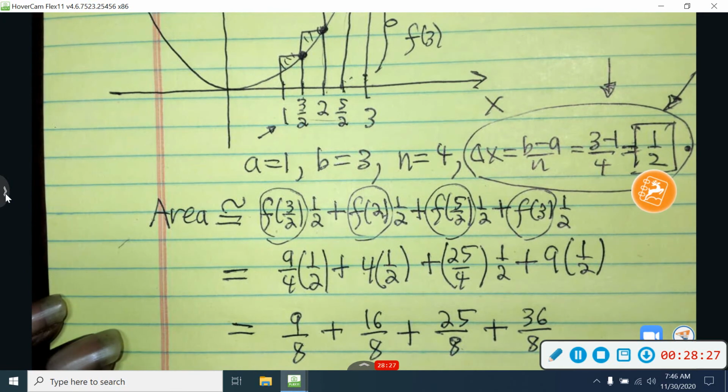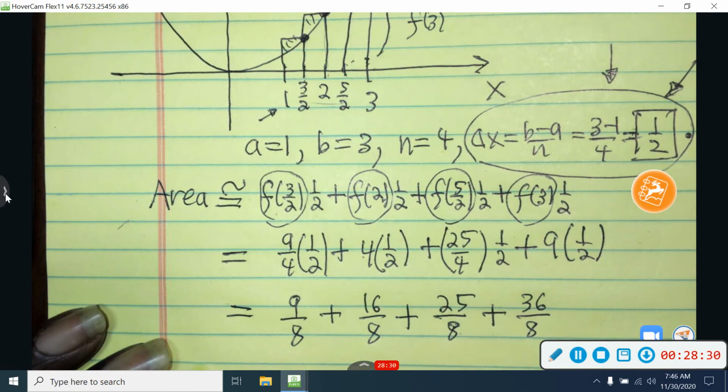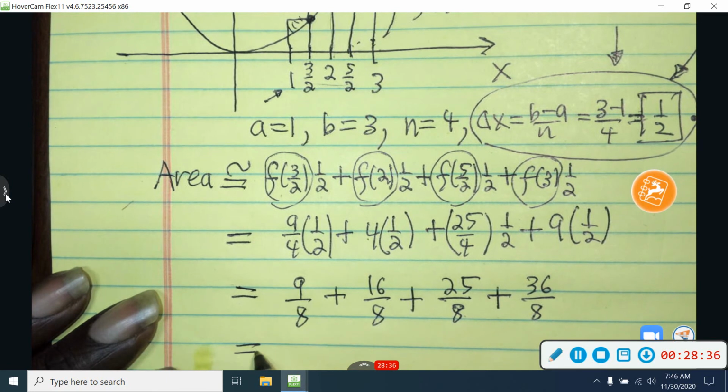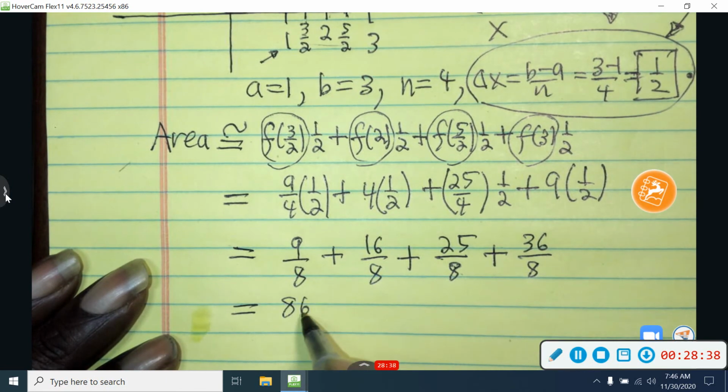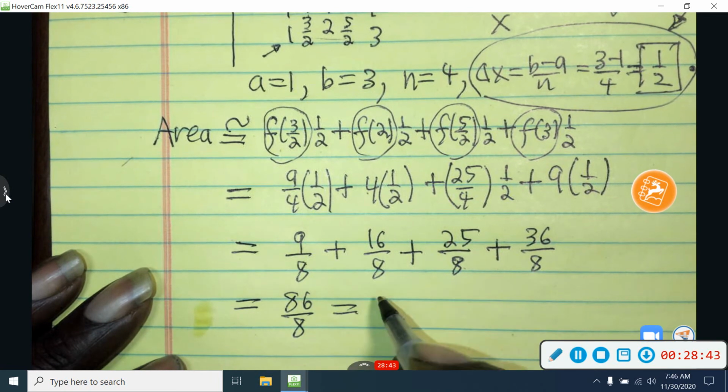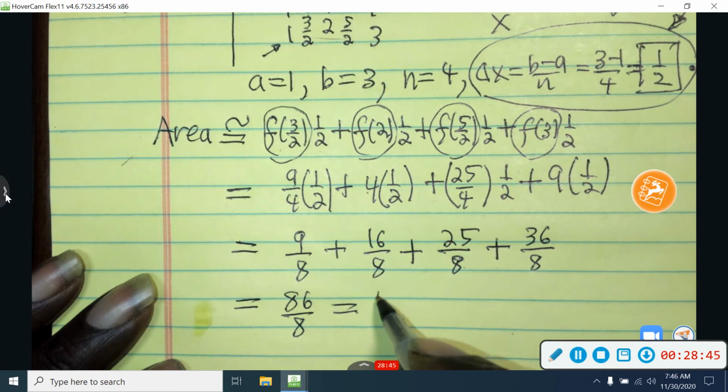Multiply top and bottom by 4. And this all comes out to be 86 over 8. Reduce it, might as well. That's 43 over 4.